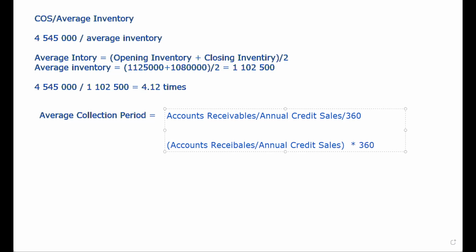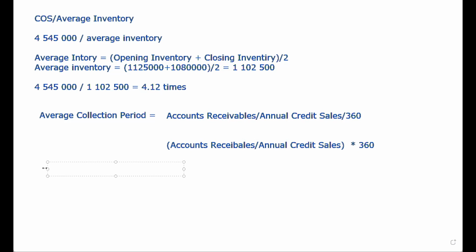So both these formulas will give you the same thing. It's just an issue of how you present your formula. This formula is easier to do with the calculator, while the first one from the study guide can be a little bit problematic when you're using a calculator. Right.